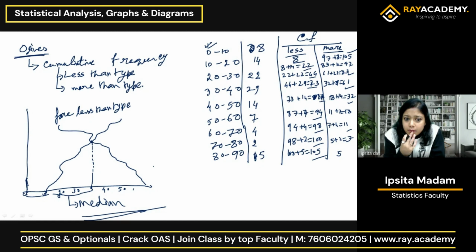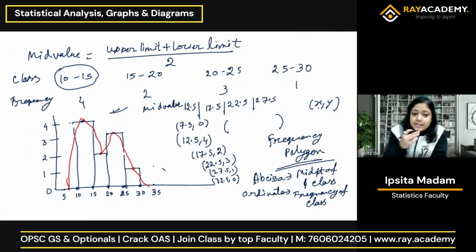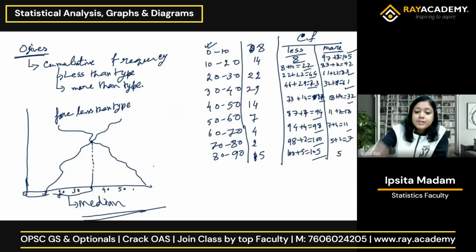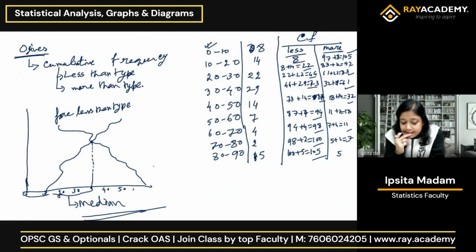It's not a requirement for ogives. It's a requirement for the frequency polygon. The mid value is required for the frequency polygon. For ogives, you need only the class, and the class with the cumulative frequency. These are the 2 points. Okay, ma'am. Thank you. Now clear? Yes, ma'am.